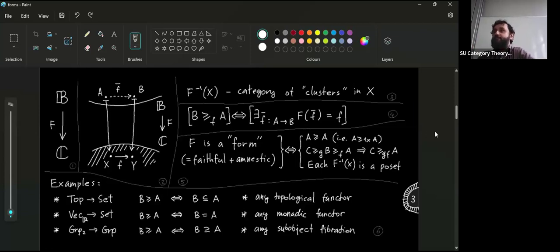Okay, so I forgot again what the definition of amnestic was. Forget about the definition of amnestic. Just think of it as the fibers being posets. The weird thing is that you're saying there are two things going on. You're saying the fiber itself is a poset. Yes. And you can compare things in different fibers. That's right. And the thing that's going on inside can be recovered from the thing that's going on outside by the first inequality there.